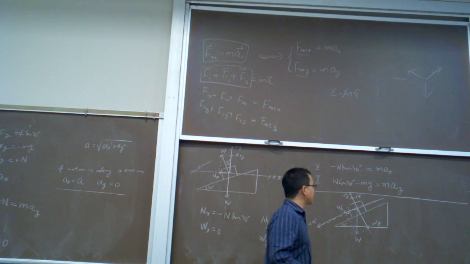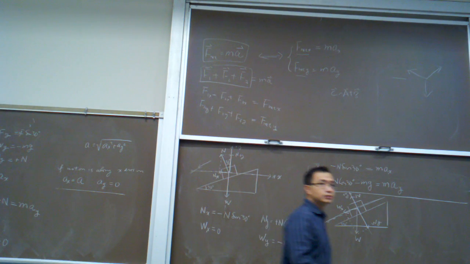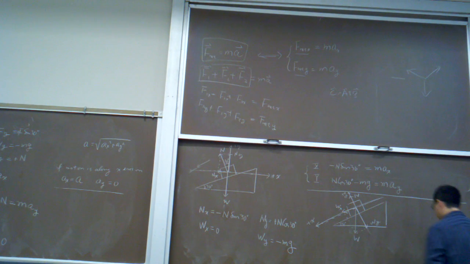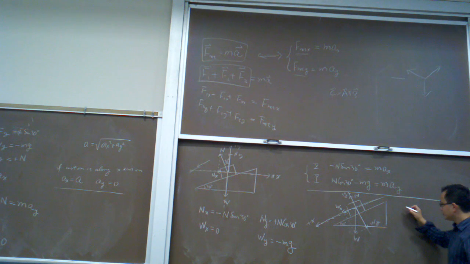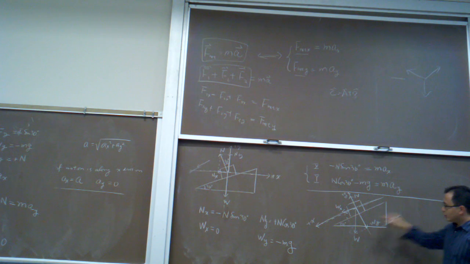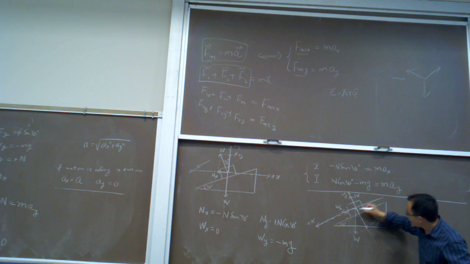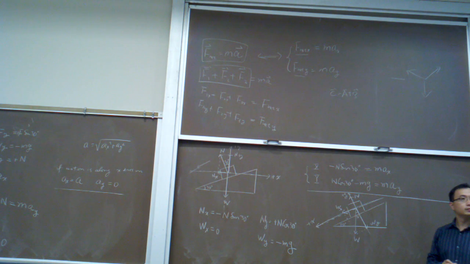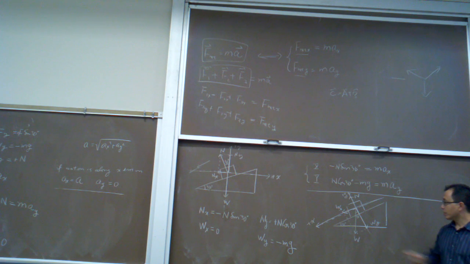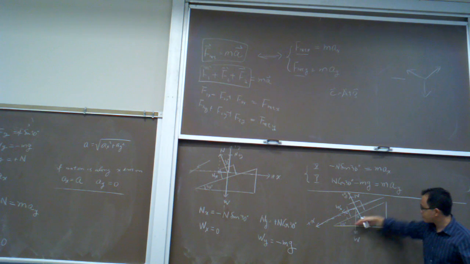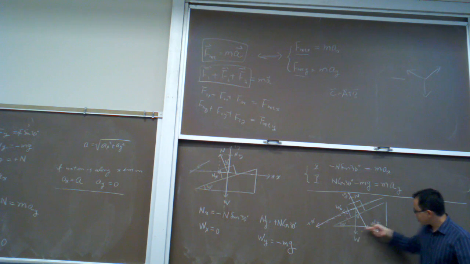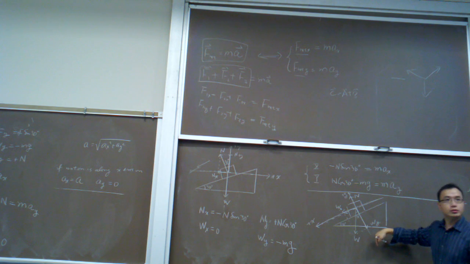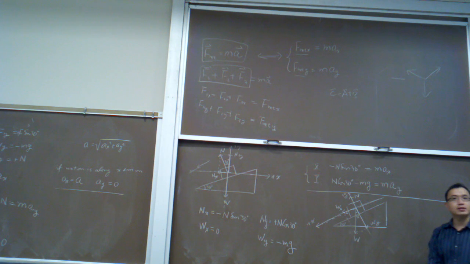You want to get Wx and Wy, right? So if this is 30 degrees, can you identify that this is 30 degrees? Okay, because this is perpendicular to this, and this is perpendicular to this, so this angle must be the same as this angle.